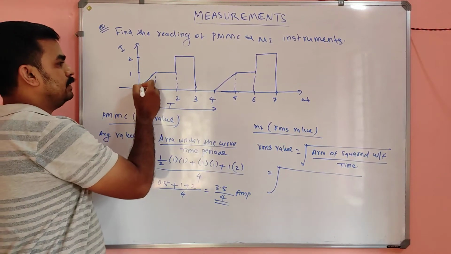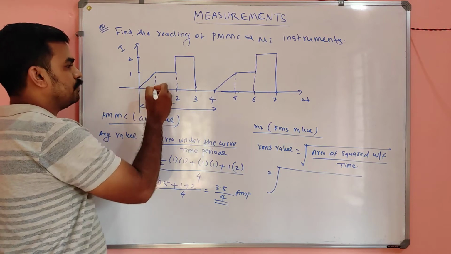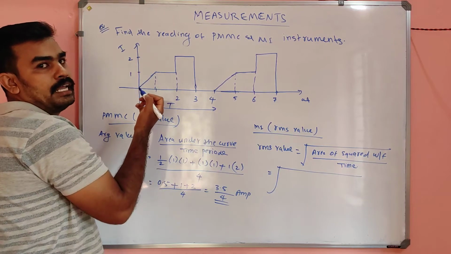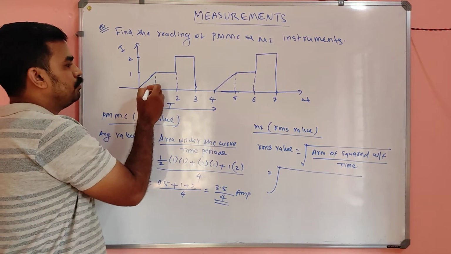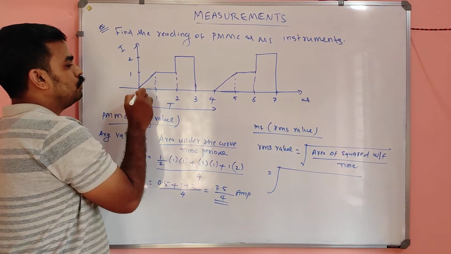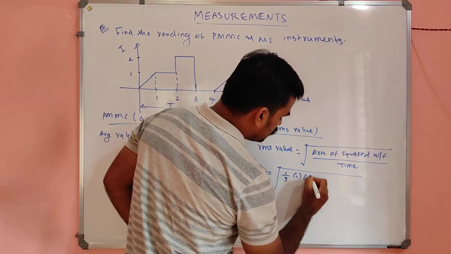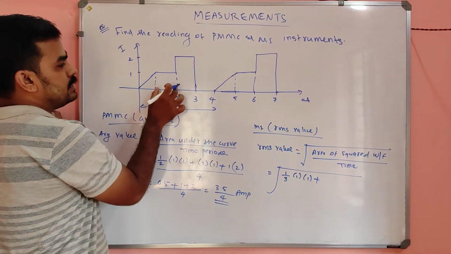This is the sawtooth waveform. If you square this, it will form the parabola, and the squaring of 1 will again be 1. So the area of the parabola will be 1 by 3 into B into H, plus, again, this is a rectangular.